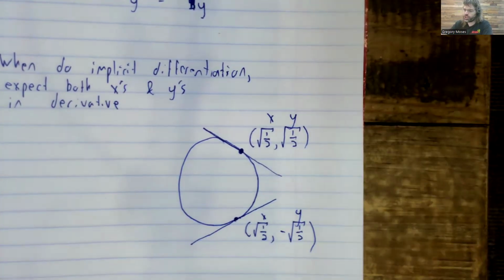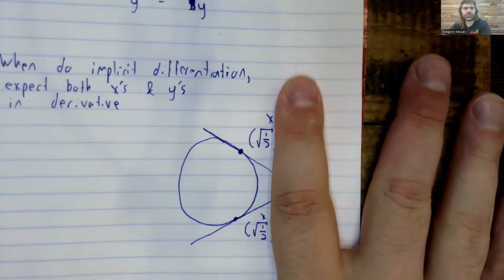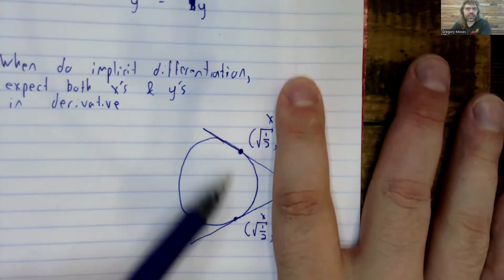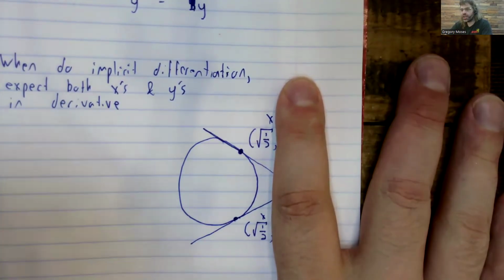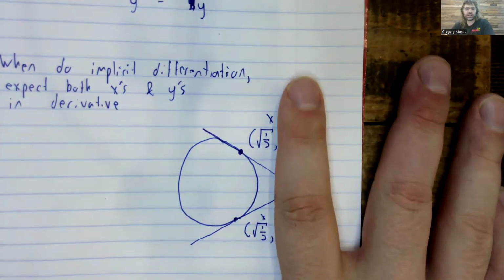So if the only thing we had in the derivative was an x value, we'd be in difficulties because x equals the square root of 1/2 isn't enough to tell us what the slope is. The slope could be negative, the slope could be positive.